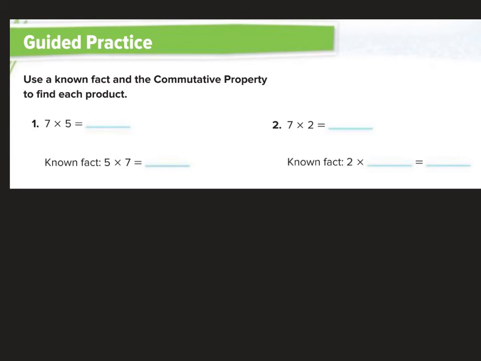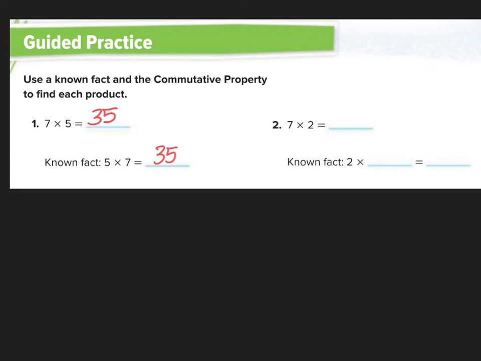Here we go. Use a known fact and the commutative property to find each product. 7 times 5 is 5, 10, 15, 20, 25, 30, 35. So 5 times 7 is 35, right?